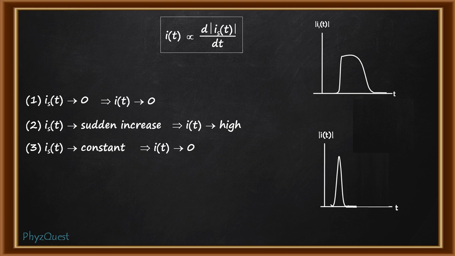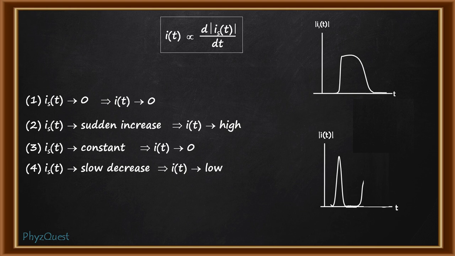Next, after a certain constant value, there is a drop in I_s, but the decrease is slow. Since the decrease is slow, the rate of change will be low, so I(t) will be low and there will be a slow increase in I(t) as compared to the previous case.